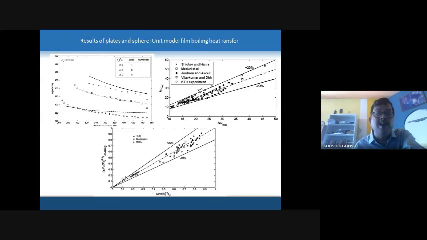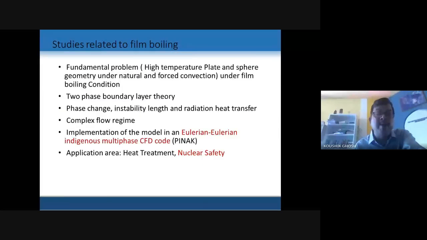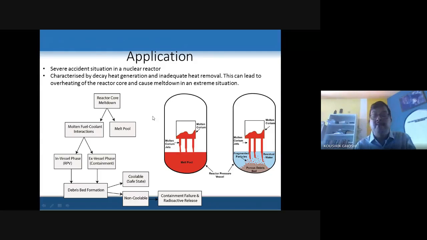You can see we have already discussed the second part. Now say the fuel coolant interaction stops, or it has ended. Now this melt pool settles on the reactor floor, and a porous bed, a debris bed, is formed. Now the issue is that, due to decay heat, this porous bed will keep on generating heat.